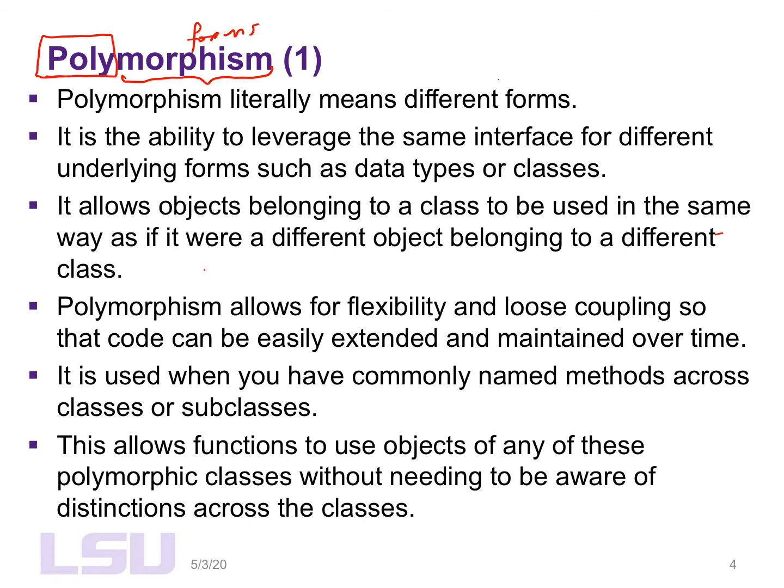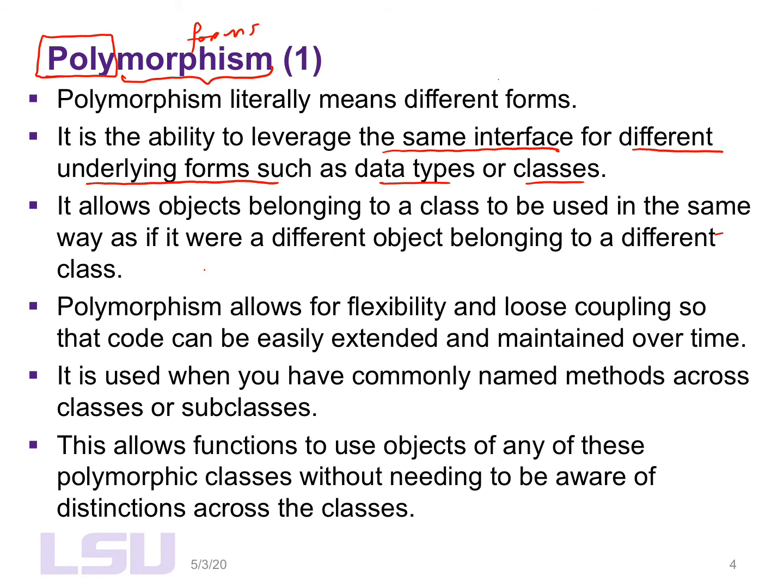So it's being able to use the same interface for different forms, such as data types or classes. So using polymorphism, we can use the same interface to access different types of objects.